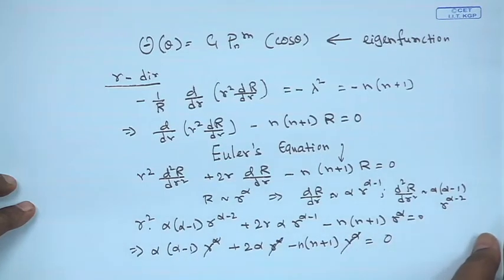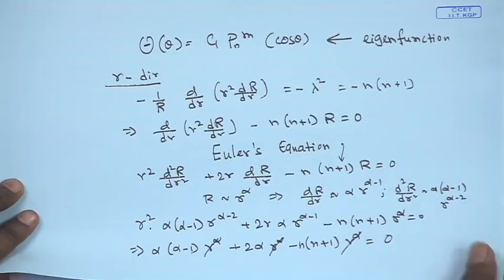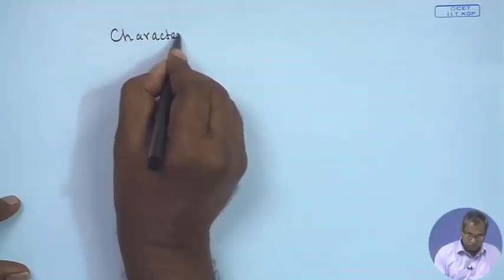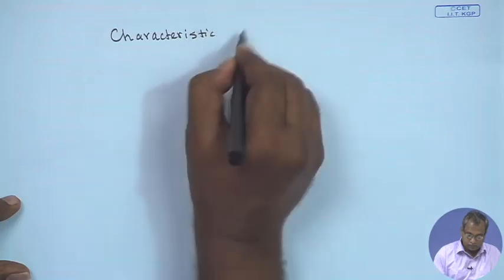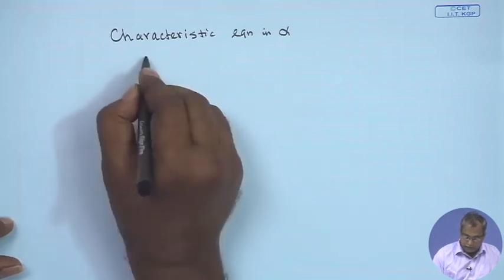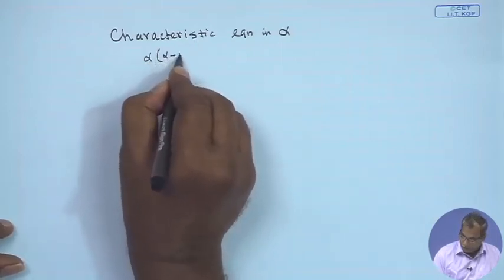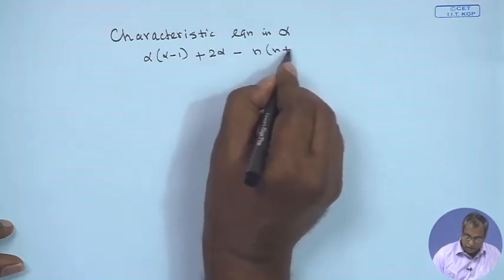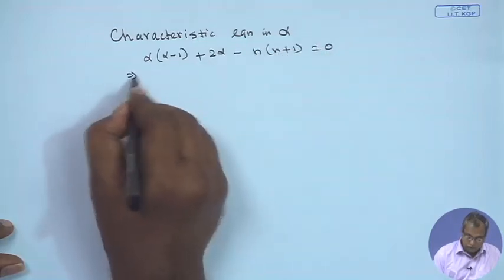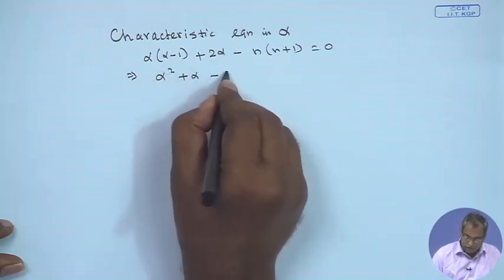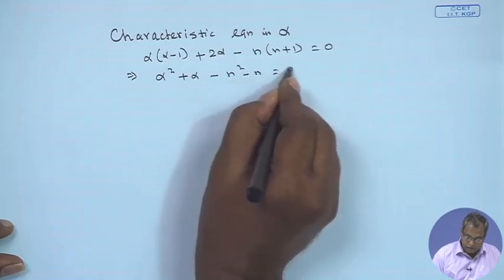So, you will be getting a characteristic equation in alpha, which will be nothing but a quadratic in alpha: alpha into alpha minus 1 plus 2 alpha minus n into n plus 1 is equal to 0. So, you will be getting alpha square plus alpha minus n square minus n is equal to 0.